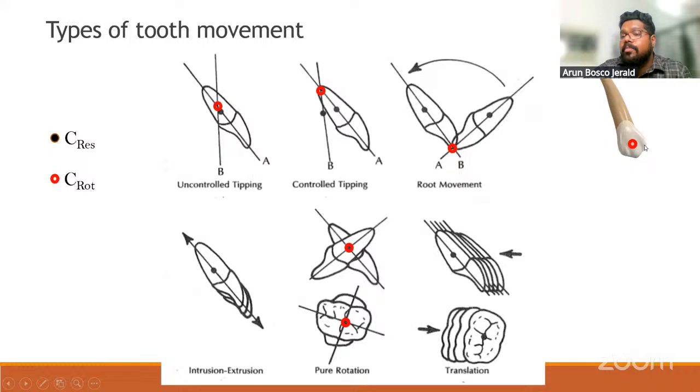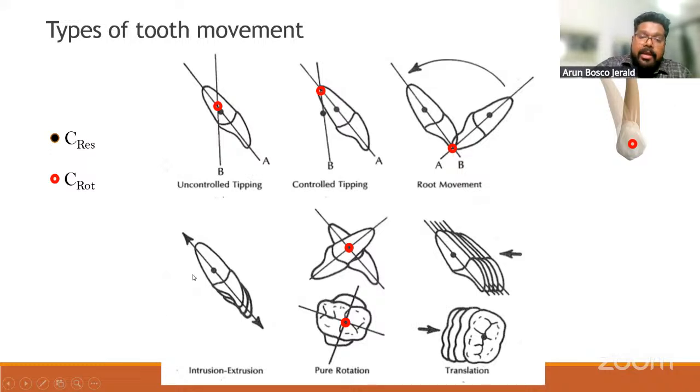The crown is moved distally. Now we are moving it into a normal position in which the crown has moved very minimally, but the root has become upright. This kind of root movement in a mesiodistal direction is called root uprighting. So if the tooth movement is happening in the labiopalatal direction, it is called torquing. If the root movement is happening in a mesiodistal direction, it is called tooth uprighting.